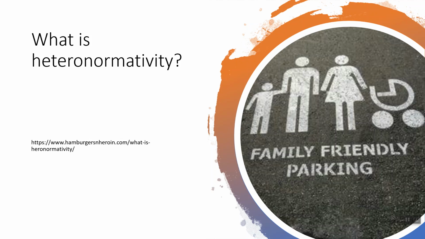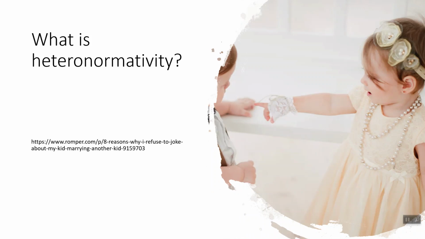You need children in order to create a family, and it's the family that forms the basis of society under the heteronormative model. And this puts an awful lot of pressure on many people to not only get married, but once you're married, to have children. This is the societal expectation that one should have children.